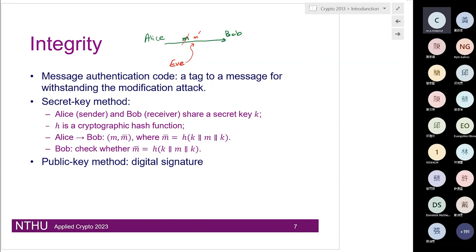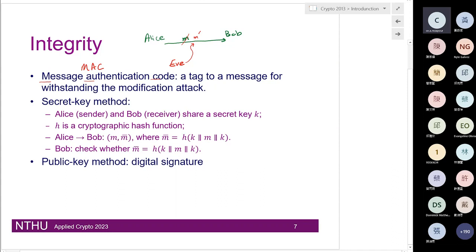In order to do that, we use something called a message authentication code, or in short, MAC. It is a tag, a very small piece of information that we send along with the message to ensure that the message has not changed.